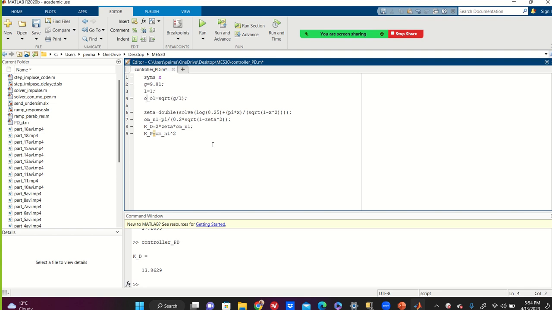So omega old is sqrt of g over l, and Kp is omega n1 squared minus omega old squared. So let us run it. Your Kp is 284.97.